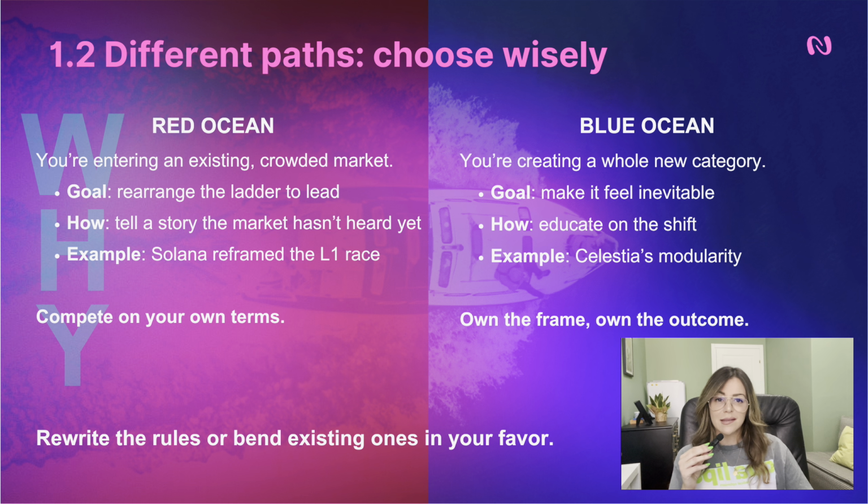So both paths are valid. What matters is to stay consistent with your choice. Also, do not consider the blue ocean as an option that only exists for super innovative products. You don't need to reinvent the wheel to play this game. Sometimes you can just be creative and identify the right storytelling.